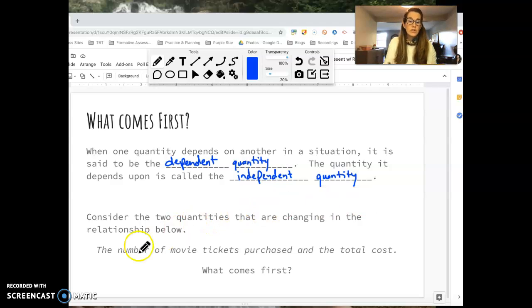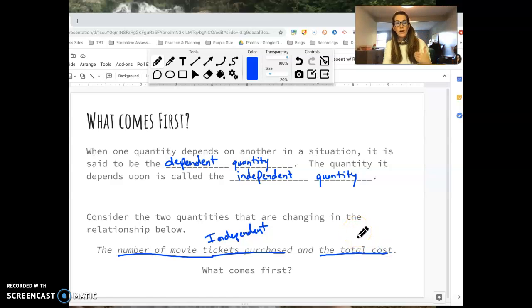So you need to know the number of movie tickets being purchased. That would be the independent. And then the total cost, that's what the clerk would tell you after you say, I want to buy 4 tickets. Then they say, okay, you owe me $50 or whatever the case may be. So that would be your dependent. Okay, cool.